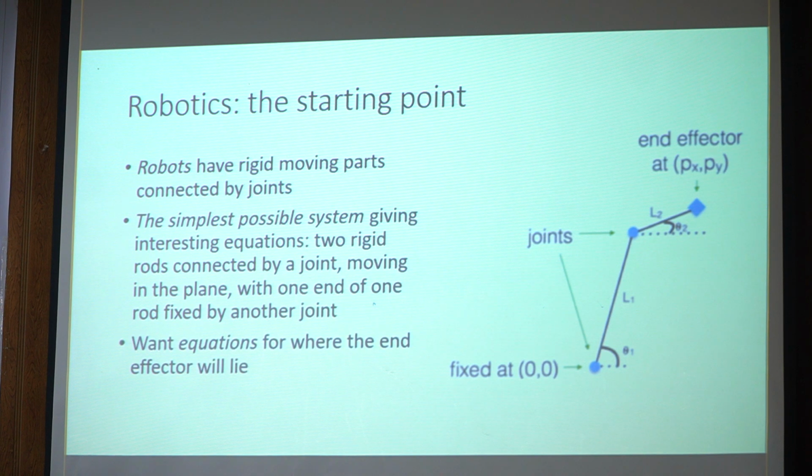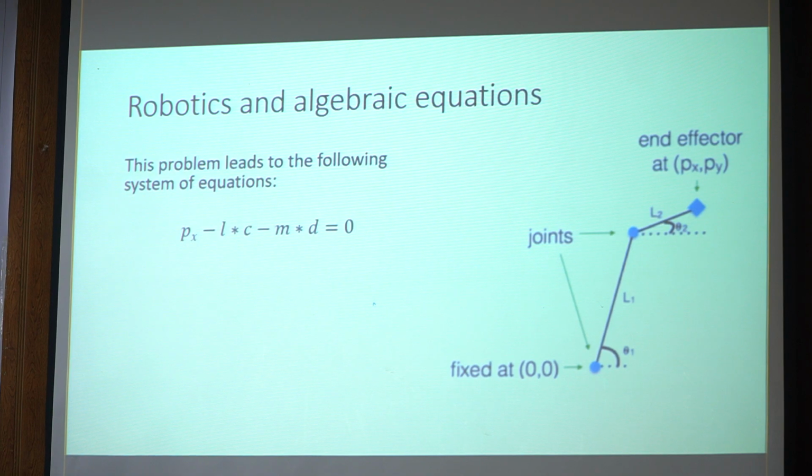And we want equations for where this end effector will go. So you work out your sines and cosines in trigonometry, and then you call your sine and cosine C and S, and then you get some polynomial equations. The point is, Euclidean distance is basically a polynomial thing. So basically sine squared plus cosine squared is 1. That's a polynomial constraint. And then I can work out, using trigonometry, what are the coordinates, the px and the py of this end effector.